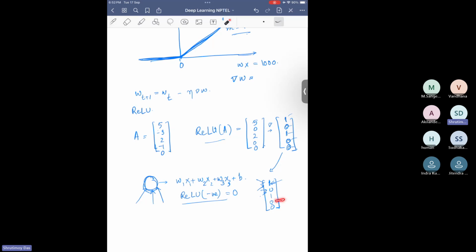There is no point going backward. So what happens is that if at some point a neuron dies, that means its value becomes 0, that neuron will never be updated because the gradient is already 0, and that neuron becomes useless forever.